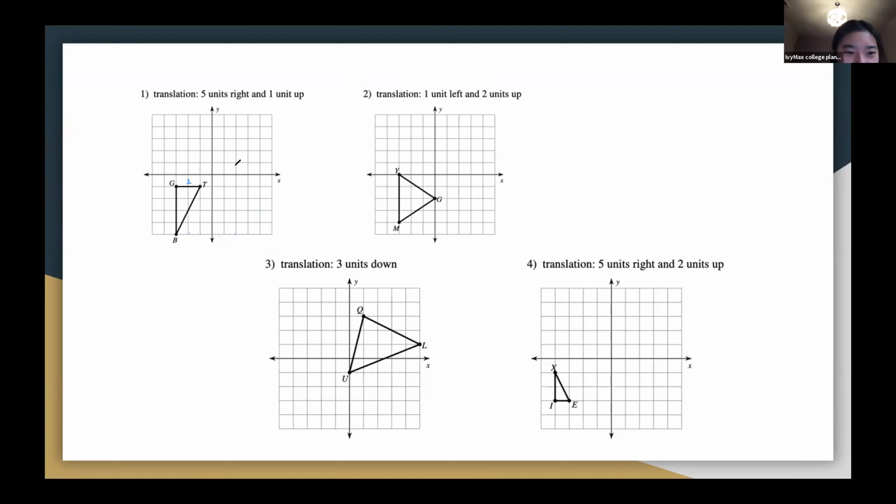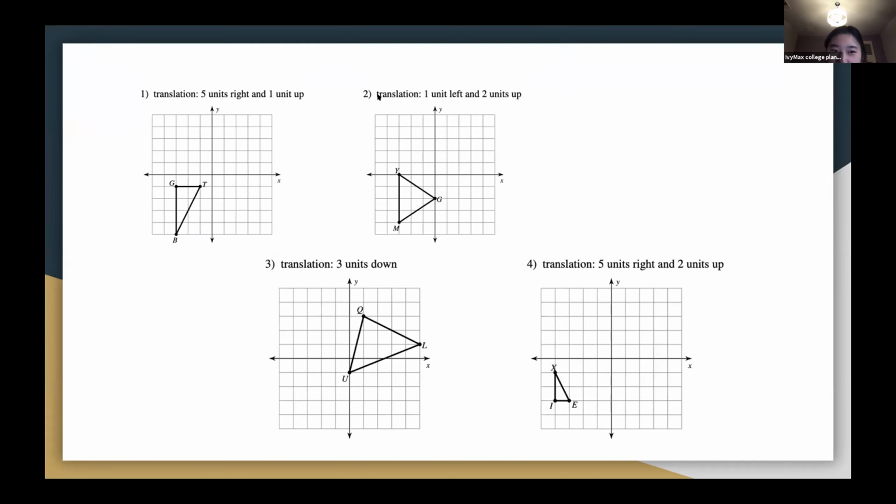And then after you move 1 unit up, here's G. And since here is 4 units, so 1, 2, 3, 4. And then 2. And yeah. Okay. There you go. That will be the first one.